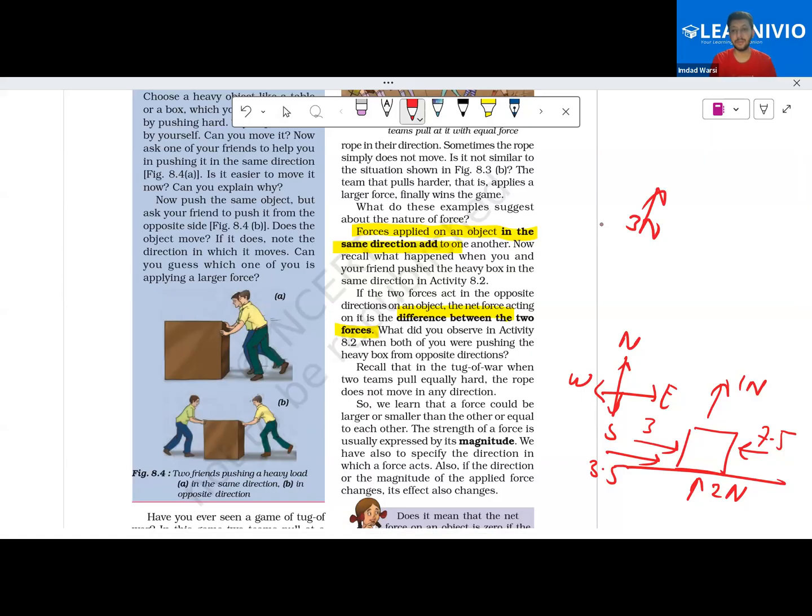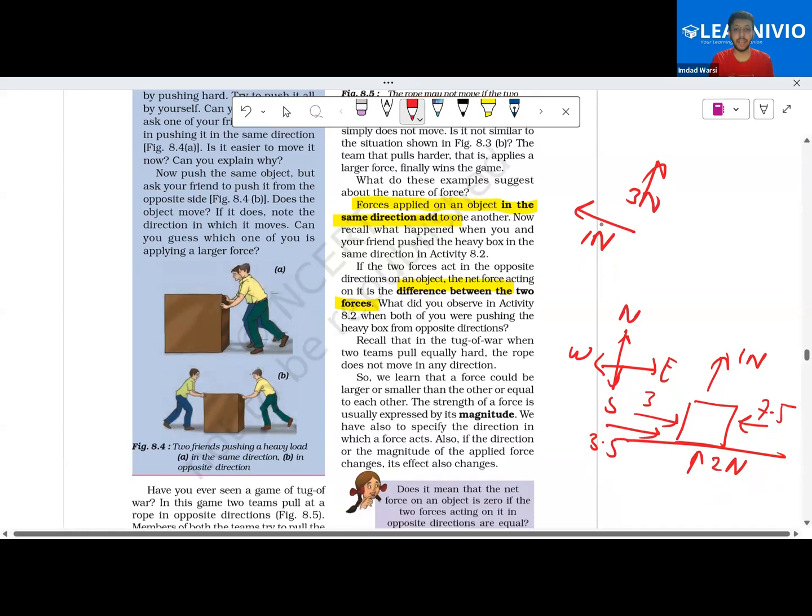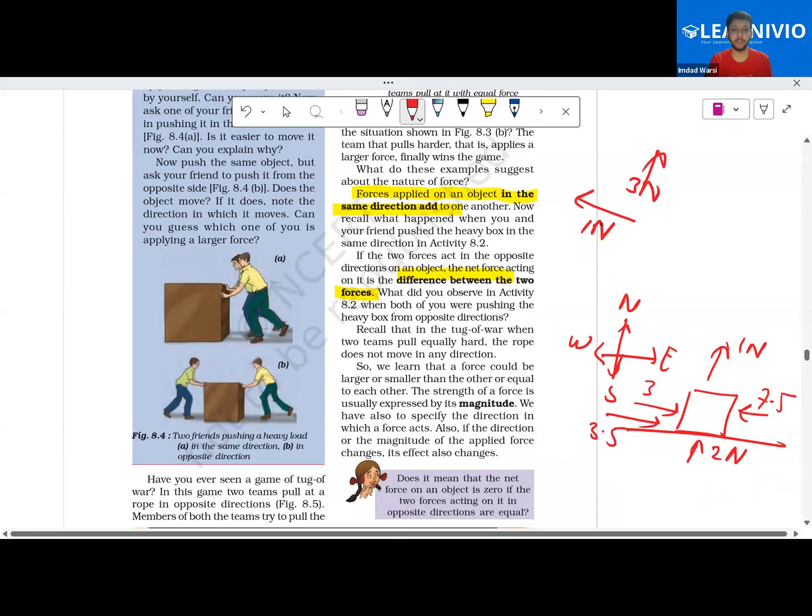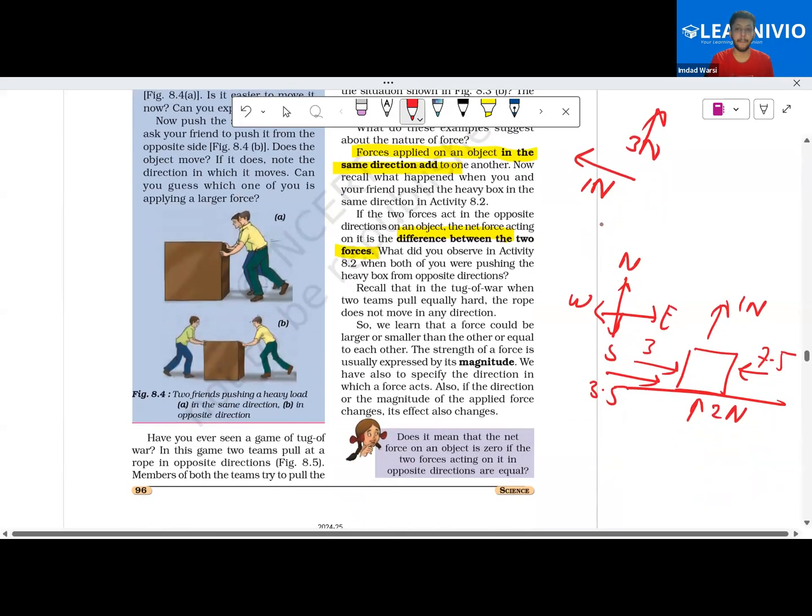Yeah, 1 will move to the left. Don't say right, left. I've given you directions: north, south, east, west. Tell me. Oh, okay. The 1 Newton will go to the west, and the 3 Newton will go to north. Yeah, very good. I hope you will be able to solve every question now in the exam.